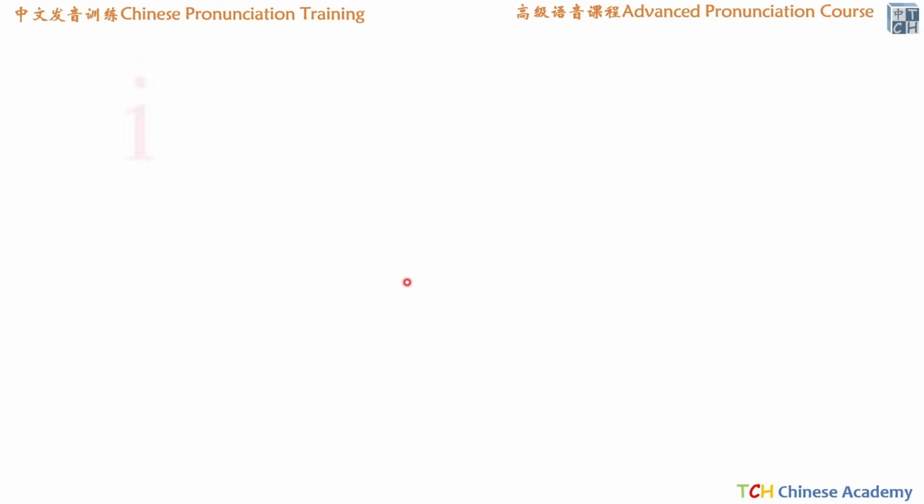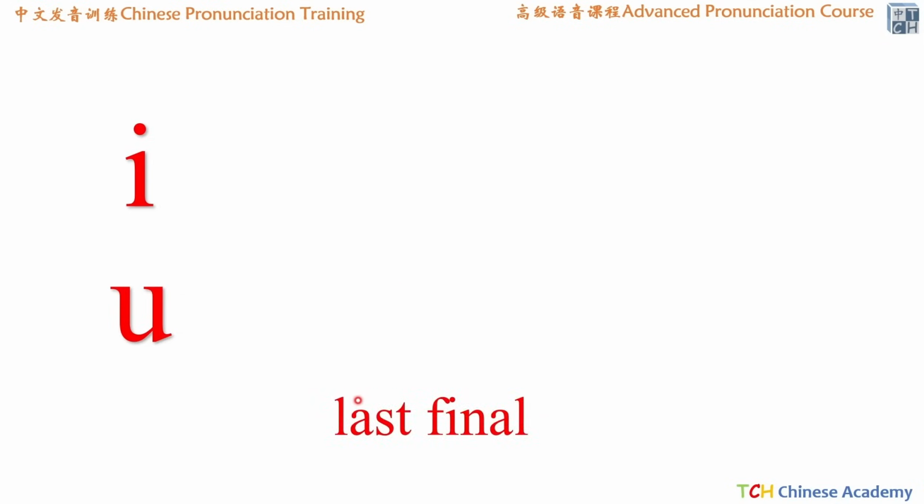Well, if the pinyin contains both i and u sounds, then where do we place the tone mark? And here is the rule. The tone mark should be placed on the last final. For example, in this pinyin, it has the compound final which contains both u and i.